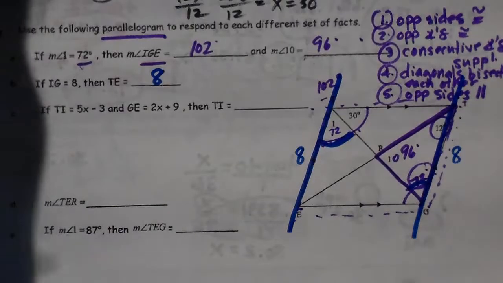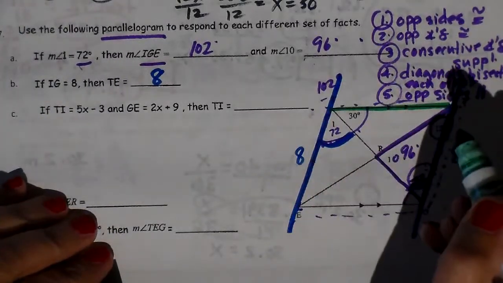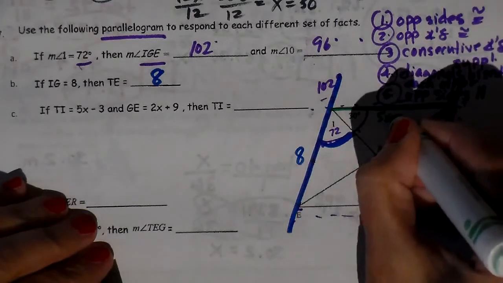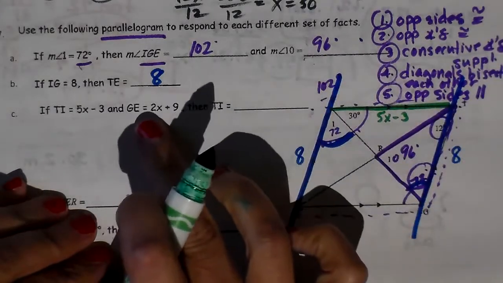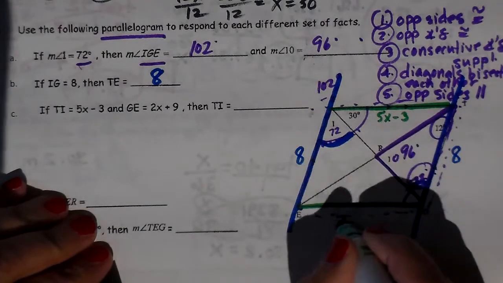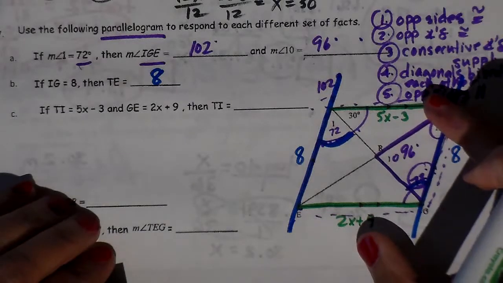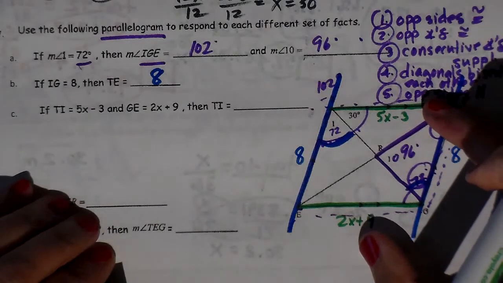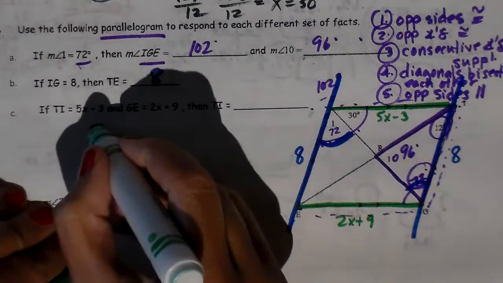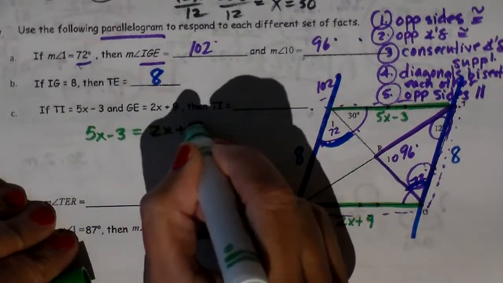Now let's look at the next one, TI, this one right here. If TI is 5x minus 3, and GE is 2x plus 9, then what's TI? Well, what do you know about TI and GE? They're opposite sides in a parallelogram, so they're congruent to each other. So 5x minus 3 equals 2x plus 9.